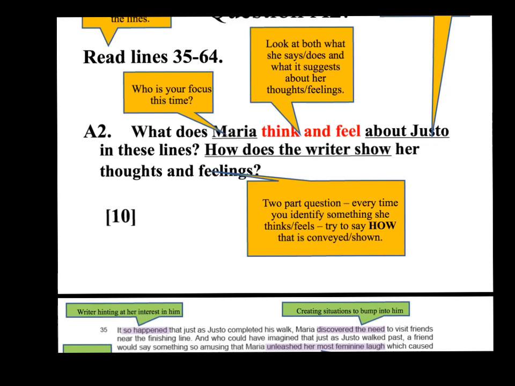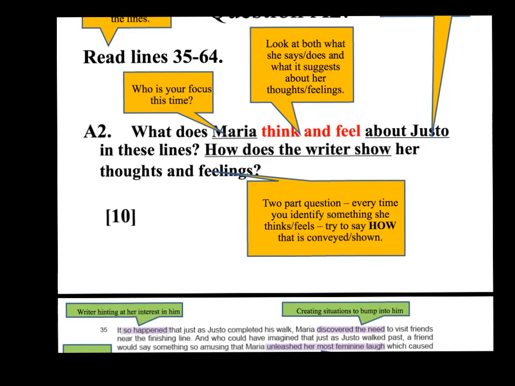If you have a look at the question, one of the first things that you're doing is to highlight the key information in the text. So let's look here. What does Maria think and feel about Justo in these lines? How does the writer show her thoughts and feelings? So the first thing that you need to do is to recognise what the focus of the question is.